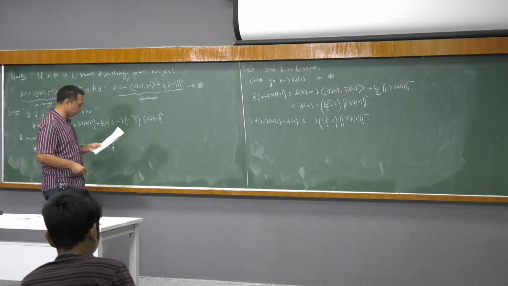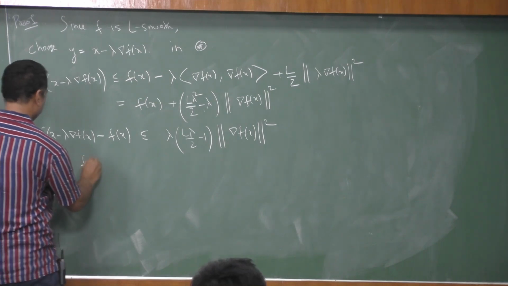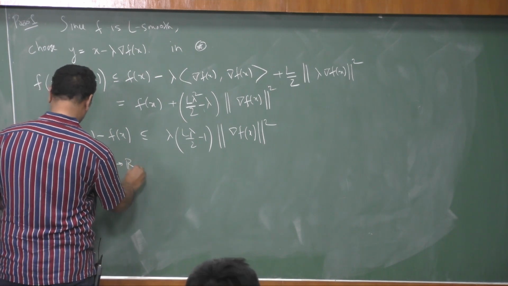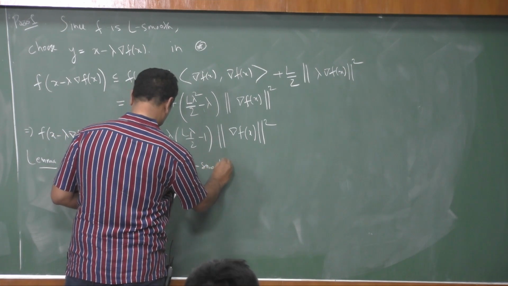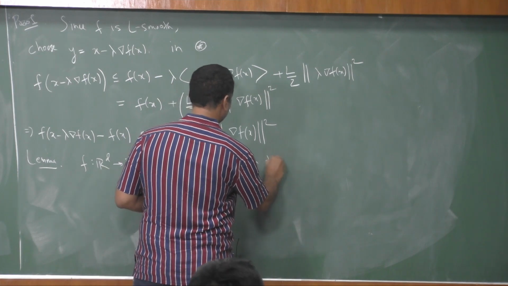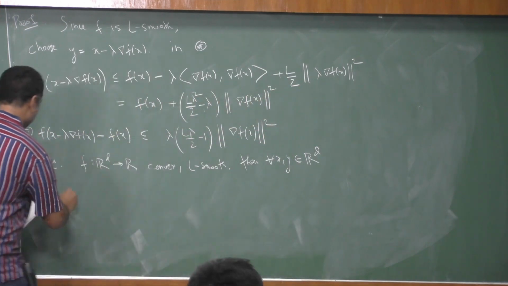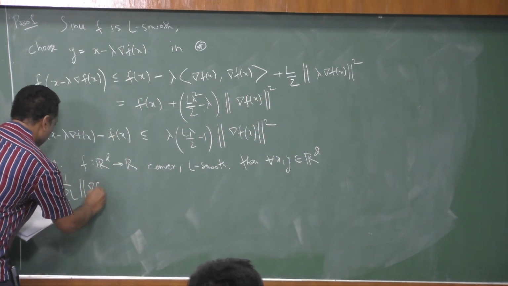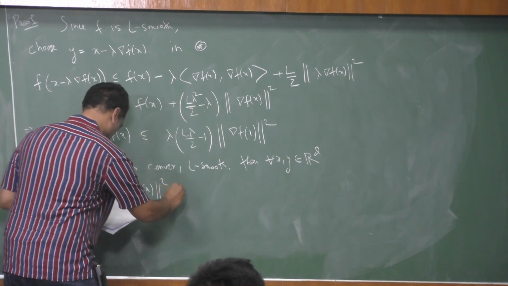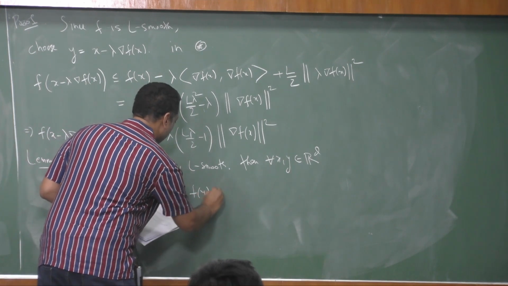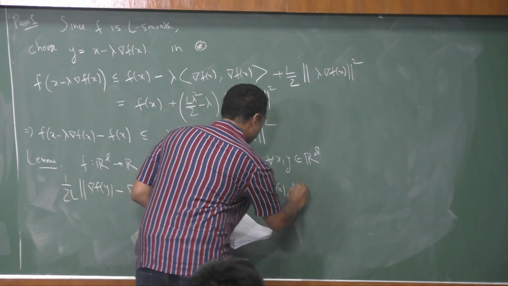And then another lemma: if f from R^d to R is convex and L smooth, then for all x, y in R^d, we have 1 by 2L norm grad f(y) minus grad f(x) squared is less than or equal to f(y) minus f(x) minus grad f(x), y minus x.